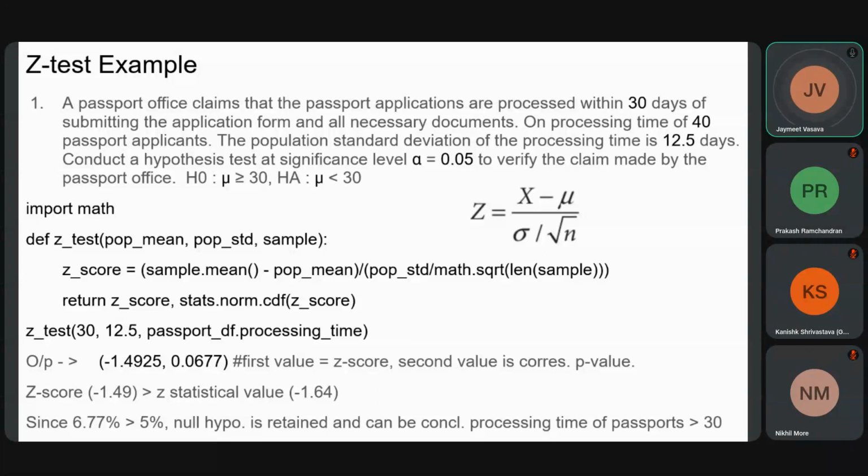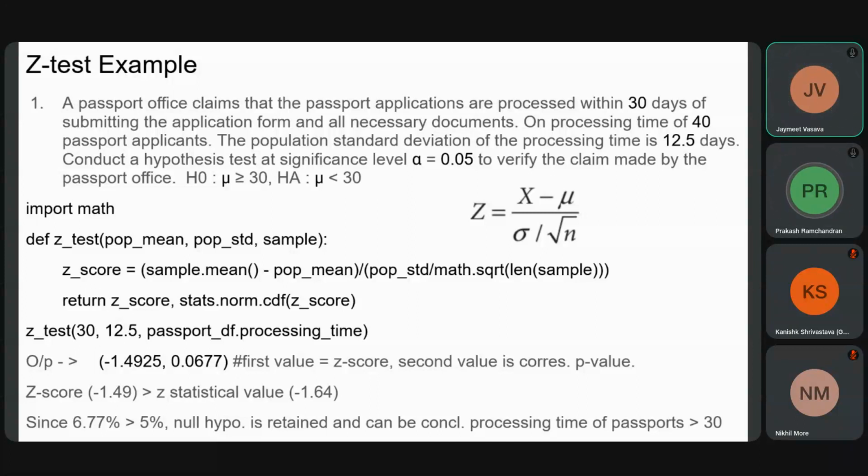That will be created as passport DF, and from that DF we'll be taking the data from the processing time column, and the output that we get is minus 1.49 for the Z score and 0.06 for the probability value.